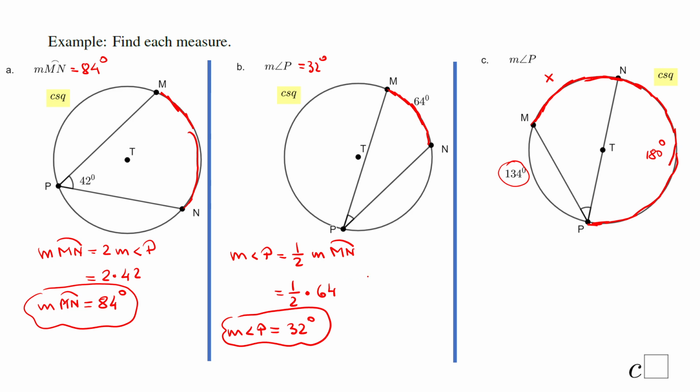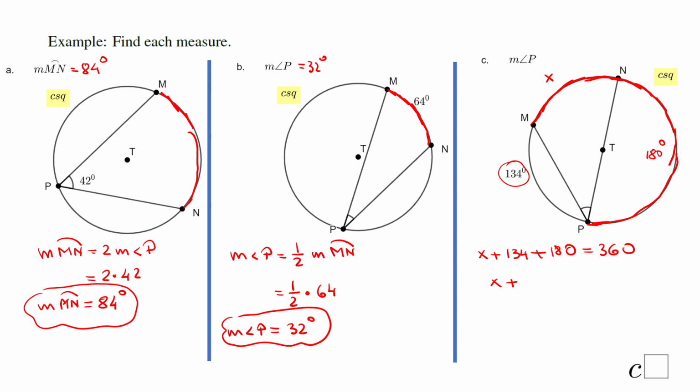So I'm going to write here x plus 134 plus 180. If we add these three arcs, we get 360. So we have x plus, let's see how much is 134 plus 180.